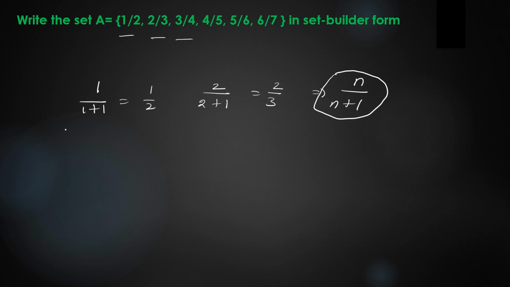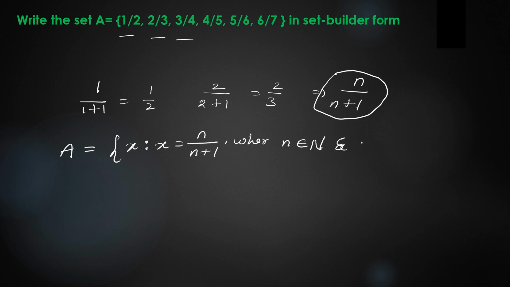So A is equal to x such that x is equal to n by n plus 1, where n belongs to capital N. Capital N means natural numbers, and n is less than or equal to 6.